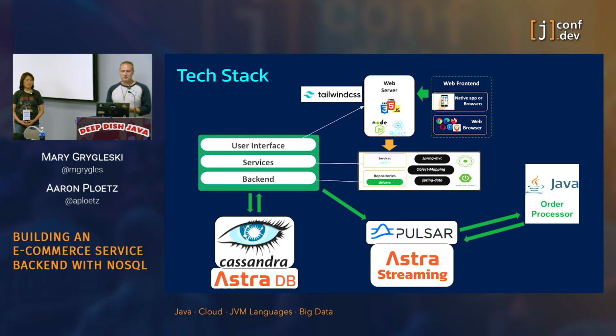And then for the UI, we just have a simple React, Node.js, Tailwind CSS site sitting on top of it. That aspect really isn't the focus of our presentation today, but it's kind of essential. You can make the greatest backend, but nobody's using Lynx as a browser anymore. So you do want to put some thought into how it looks.